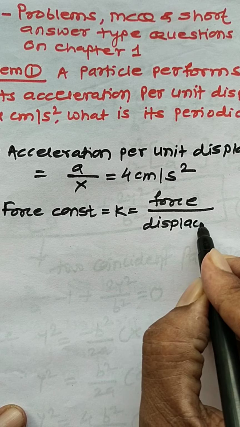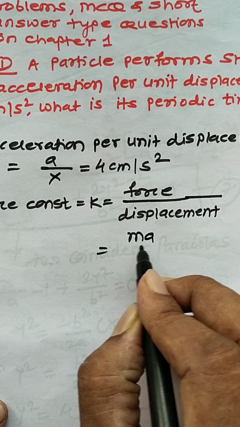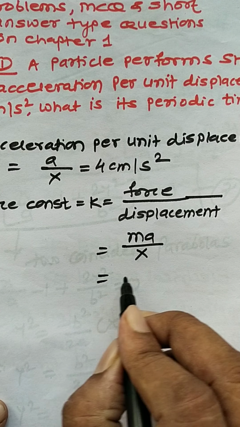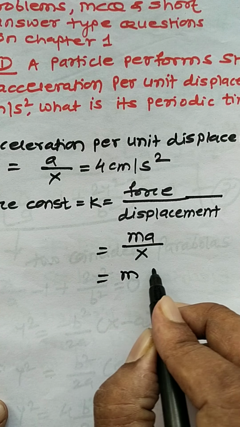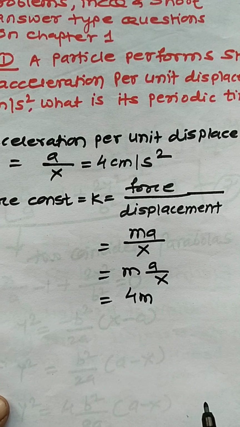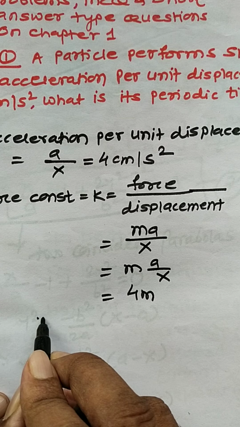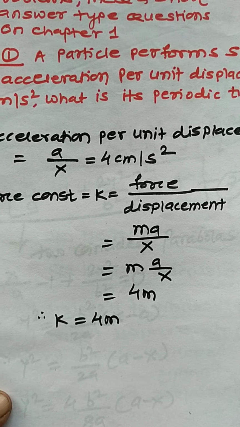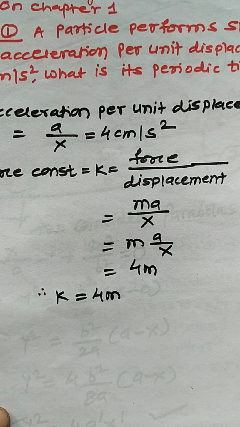Force means m a, so force divided by x is m a upon x, and a upon x is 4, so that is 4m. So K is equal to 4m.